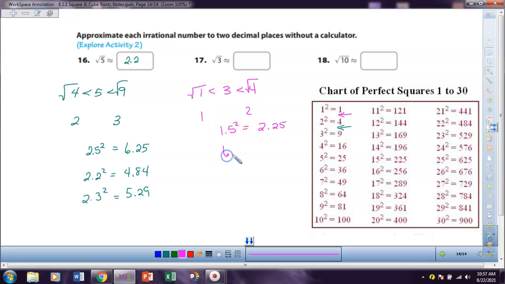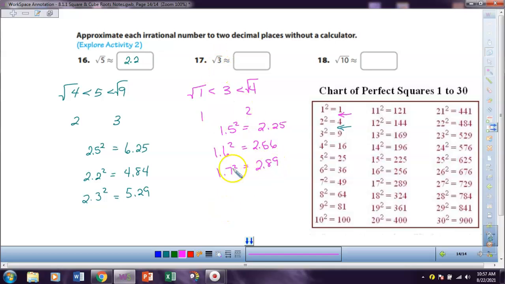So I'm going to try 1 6/10 squared, and I get 2 56/100. If I go up one more, 1 7/10 and square that, I get 2 89/100.